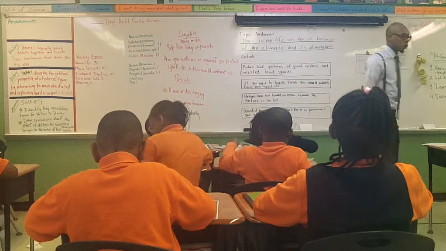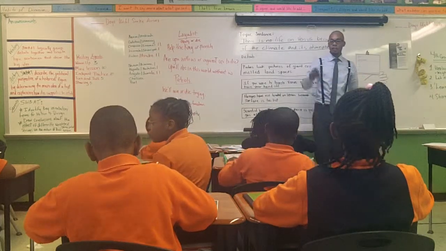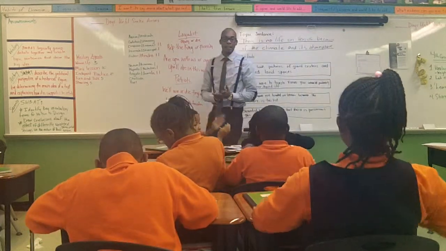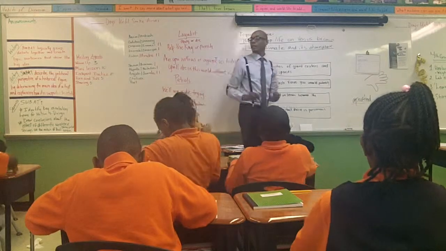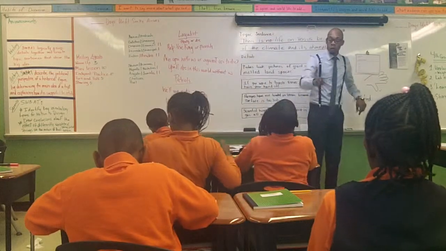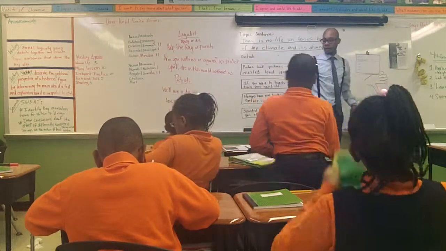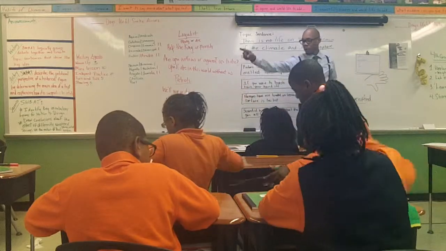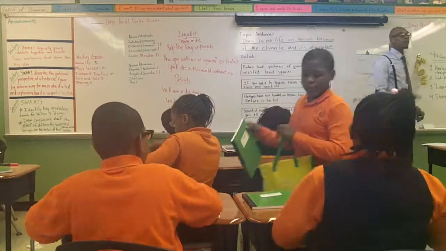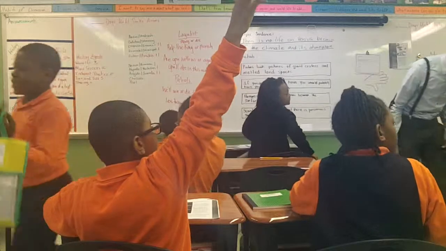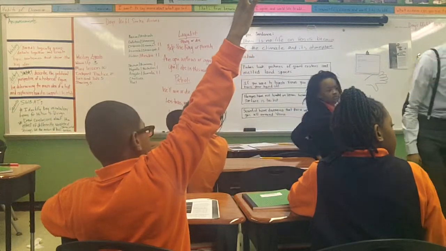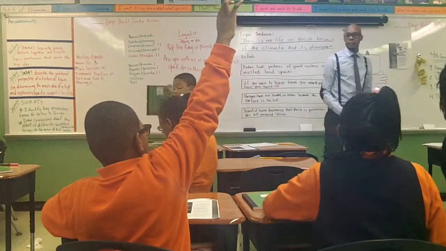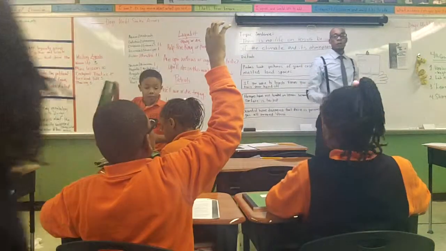I need you to get that done. Once you're done, you're going to put your articles inside of your... Thank you, Cheyenne. Thank you, Ayo. Put your book away. Really good. Book away.